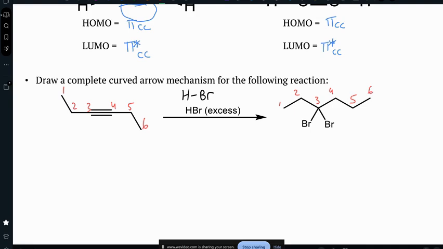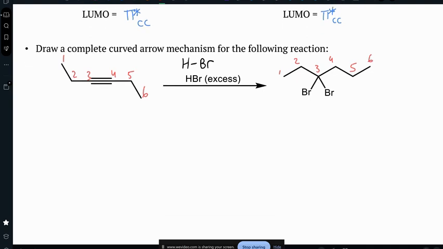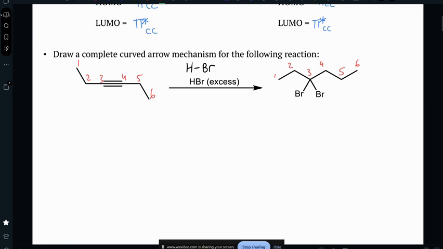Okay, so I have my alkyne, and I can see I'm adding HBr. I'm told that it's in excess. That means more than one molecule of HBr for each molecule of the starting material.